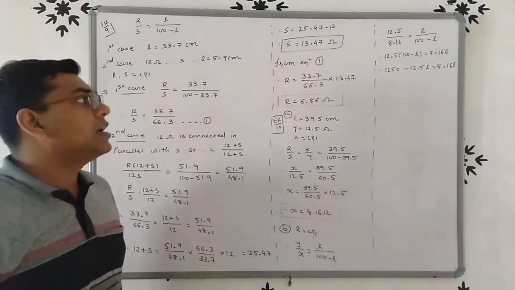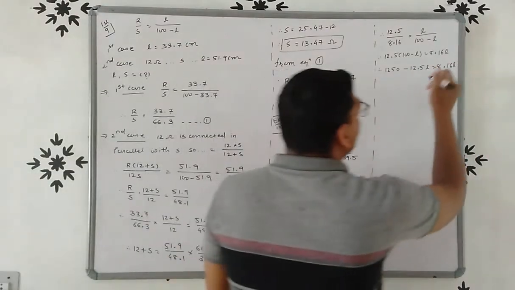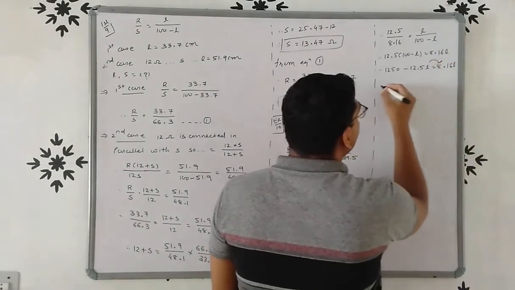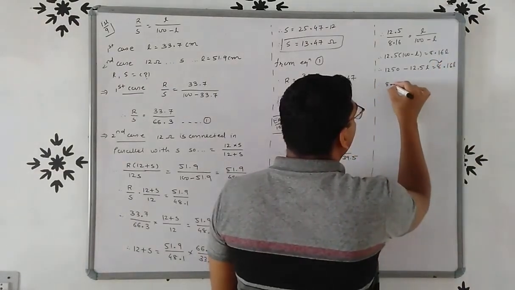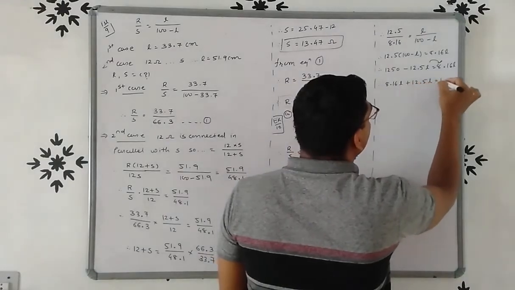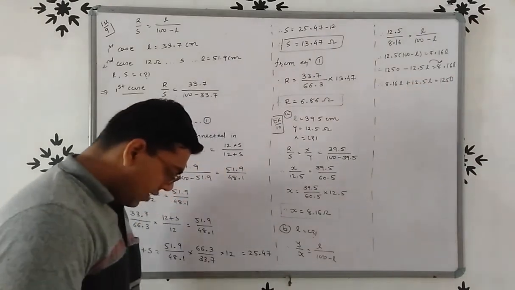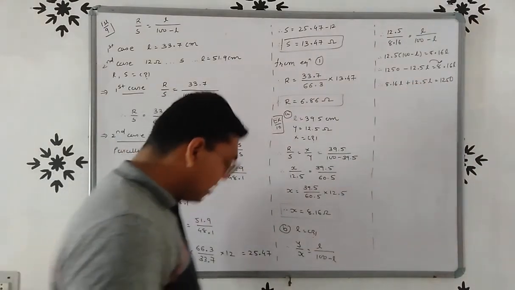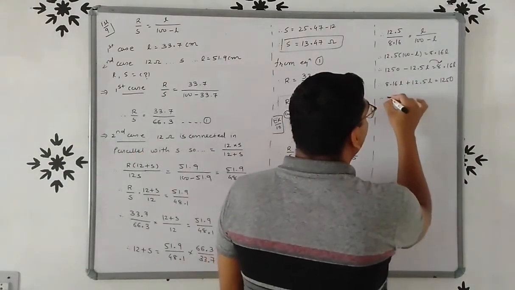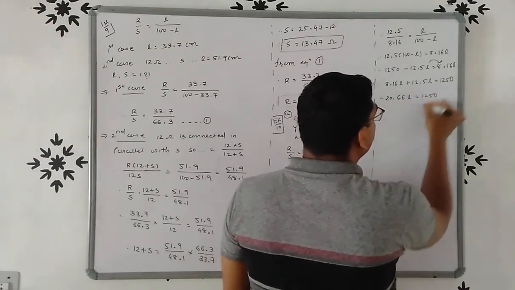Right. Here we have to find out the value of the null point, that is L. So here we take 12.5 L to the right hand side. So we get 8.16 L plus 12.5 L is equal to 1250. Right. So if you add this, we get 20.66 L is equal to 1250.